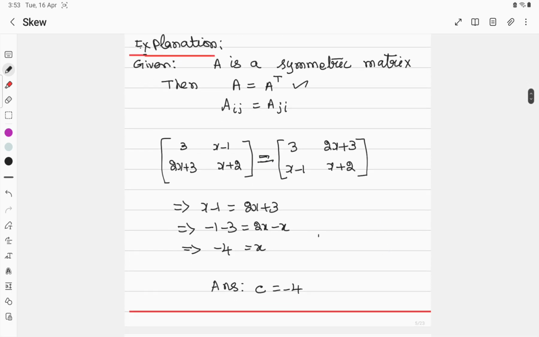Equal matrix-னா here first element is same, second element same. So, A12 compare பண்ண, here x minus 1, here 2x plus 3. So, we get x is equal to minus 4.